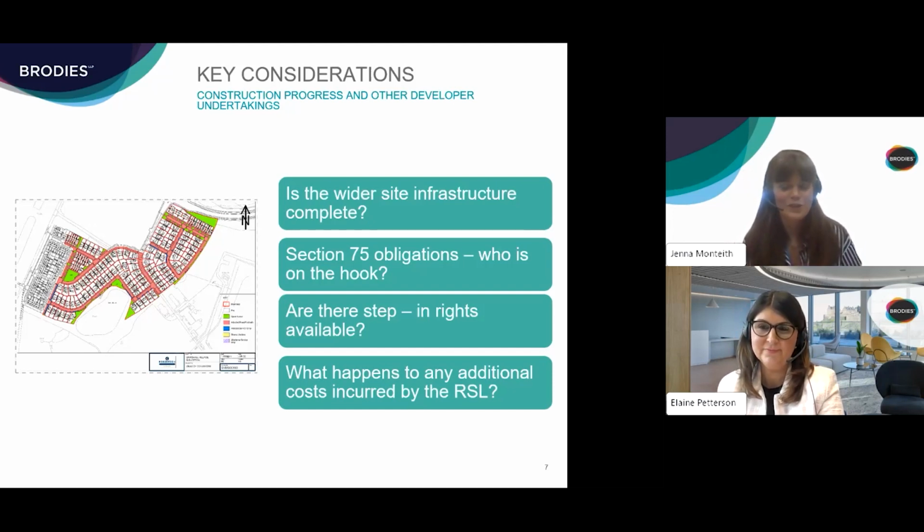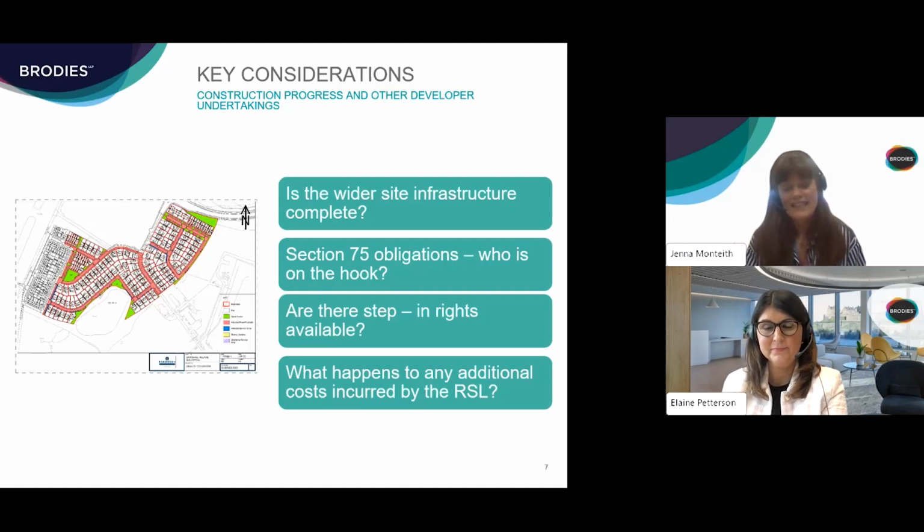And I think that is a good place to go with this, actually, because one of the considerations for RSLs when entering into agreements with house builders in the first place is obviously going to be the wider infrastructure of the site, and how the site will sit within a wider community, and to what extent local amenities are accessible, and all that kind of thing.